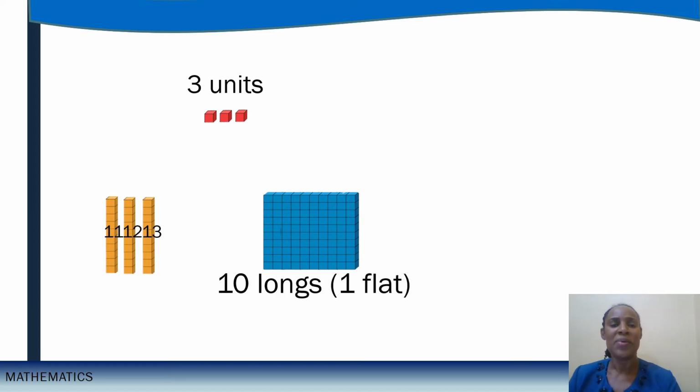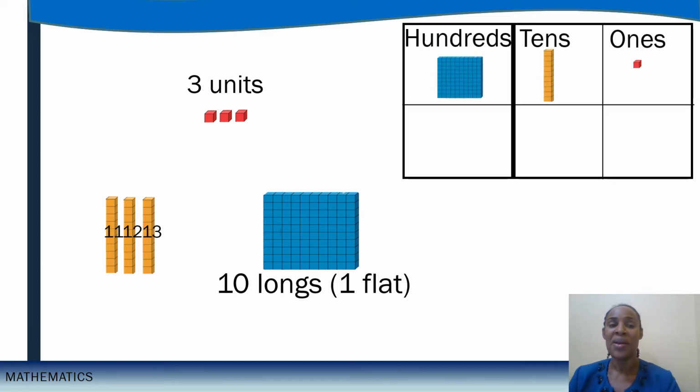We will use our place value mat to help us identify the numbers shown here. Now look at this place value mat. On this place value mat, we have hundreds, tens, and ones. And that's because we have flats, longs, and units here. So first, let's look at it.